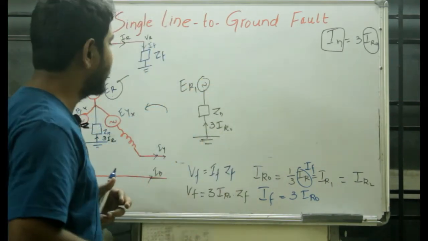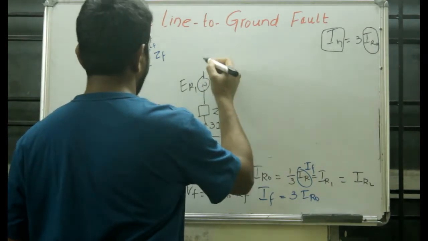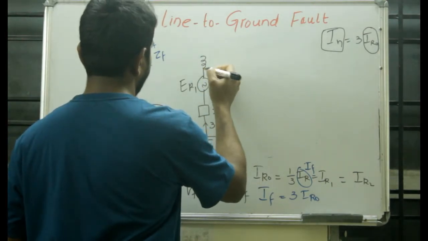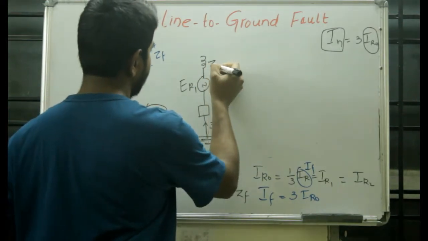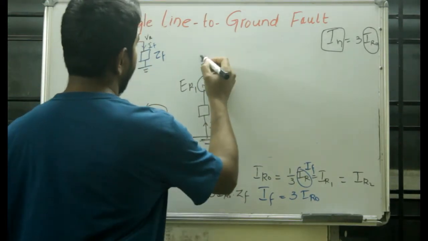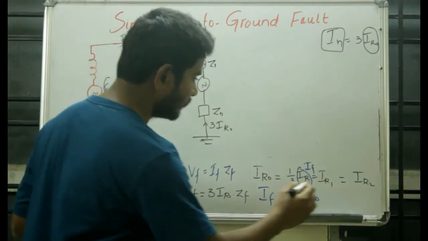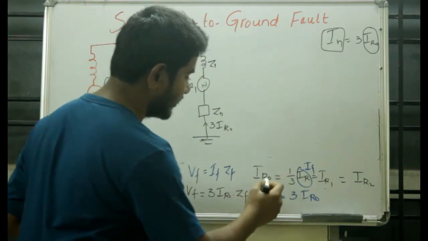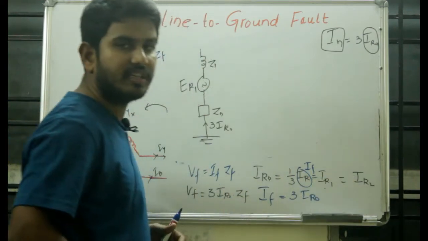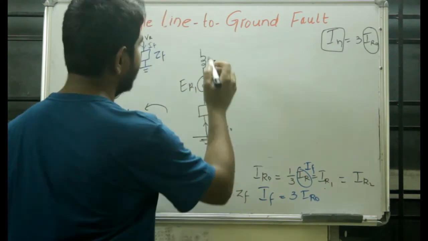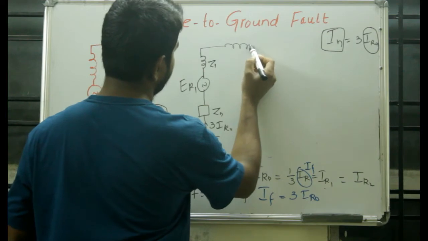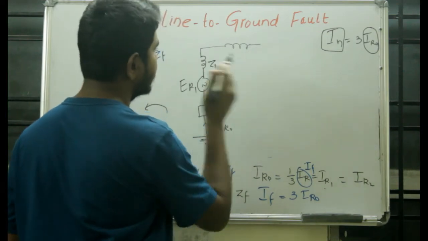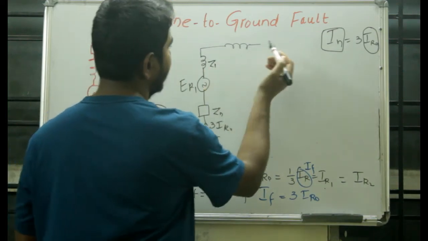1 is for positive phase sequence, and above we are having the sequence impedance in positive phase, that is Z1. Okay, and as the currents in the positive, zero and negative phase sequences are equal, they must be connected in series. So here we are having the respective impedances of the zero sequence and negative sequence.